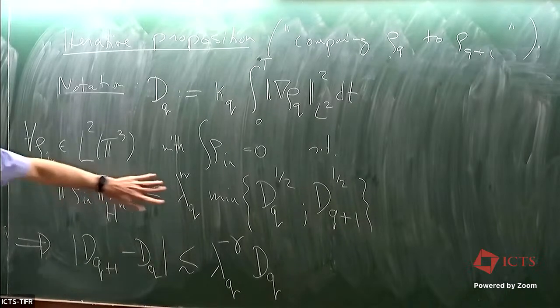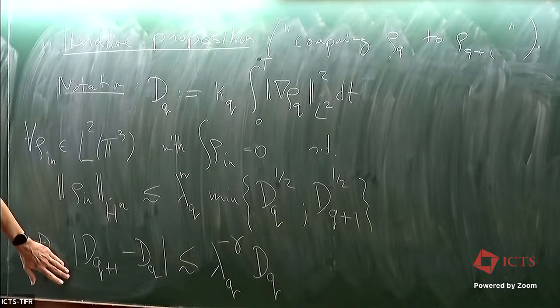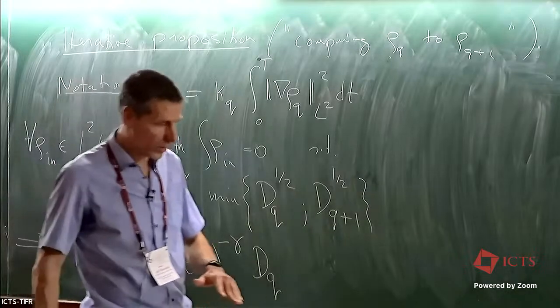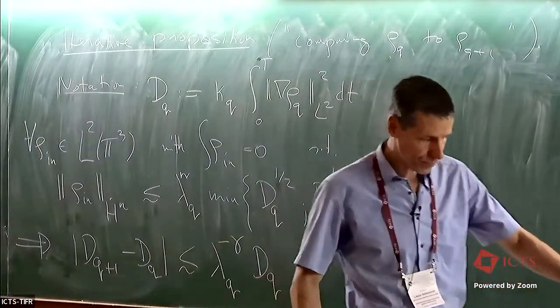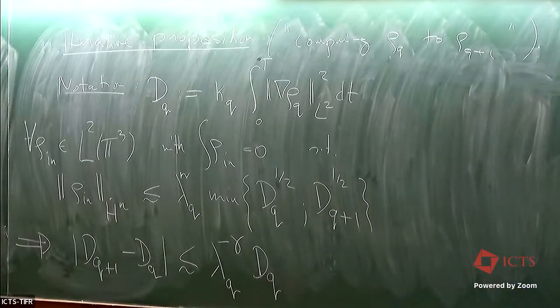So ignoring this one for a moment, this is the type of estimates we are looking for. I said this already yesterday, that if you start with q equals 0, this corresponds to some fixed kappa 0. The fixed kappa 0 gives you, just by applying the Poincaré inequality, some dissipation rate.